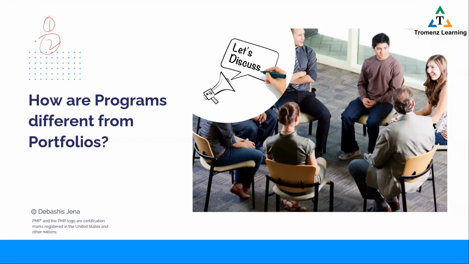Yeah, programs are based on benefits and portfolios are based on the strategy of the company or any market changes that are happening. That's good. This is a good one, actually. I take it. So program focus is benefits, that is right to say, while portfolio focus is delivering on strategic goals.